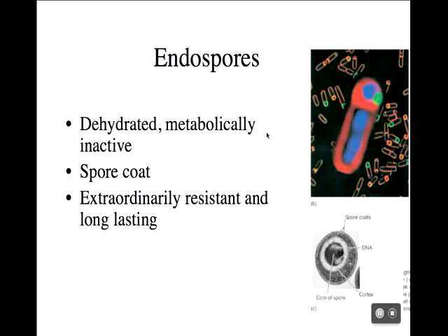Spores are the hardiest life form we know of on planet Earth. Spores will survive boiling, drying, freezing, radiation, chemicals, an unbelievable ability to survive in all sorts of different environments. Here you're seeing, I believe, Clostridium tetani.